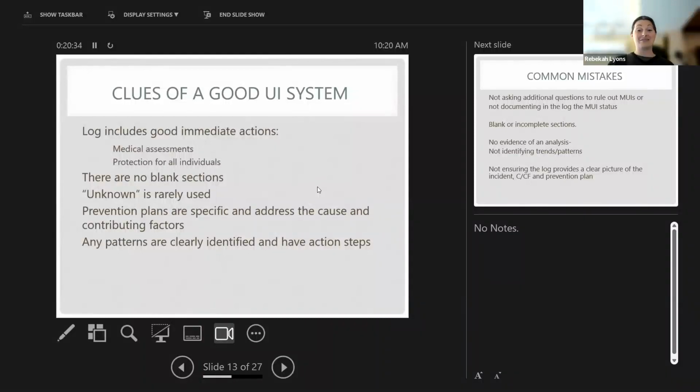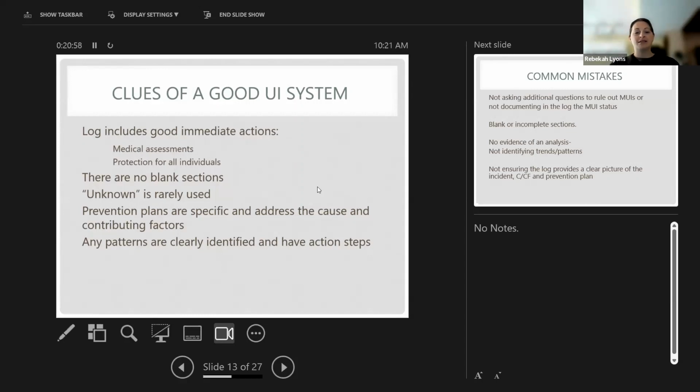Back in the day, I think they probably would have asked for more documentation. Anymore, if they don't need an ER visit, I would treat it as if it was a cold or the flu, and those are not necessarily things that would need an incident report. Of course, if they're hospitalized, that's going to bump it up to an MUI if there's a provider involved.